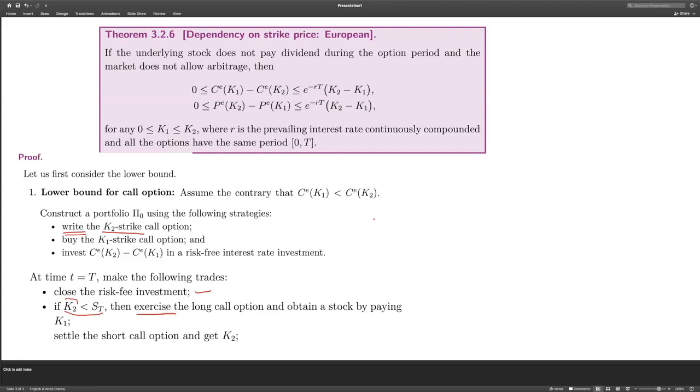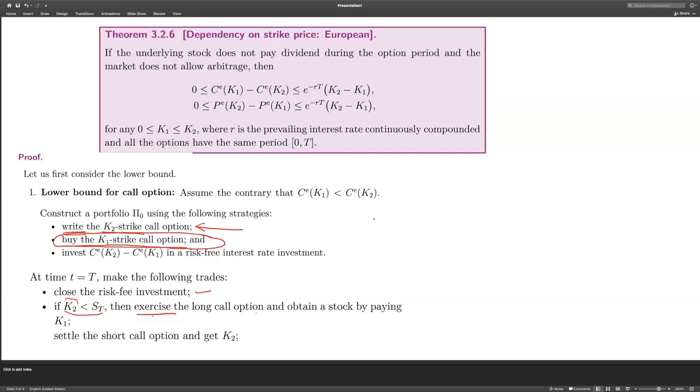So what you have to do is supply the stock to him and get the money K2. Before doing that, you exercise your long call option. If you exercise the long call option, you will be paying K1 rupees and getting the stock, and you will supply that stock to your short position.